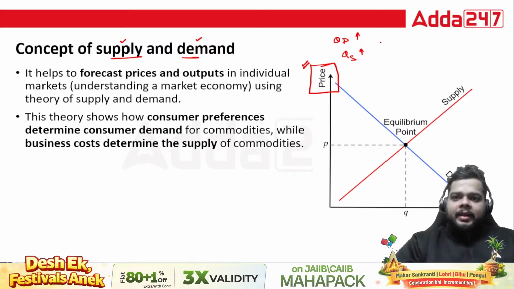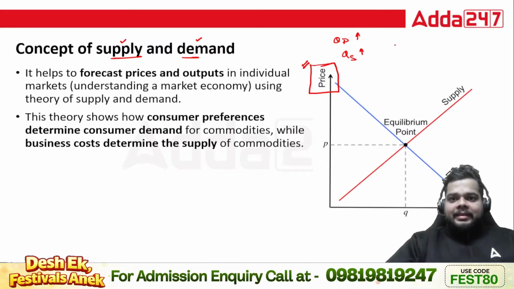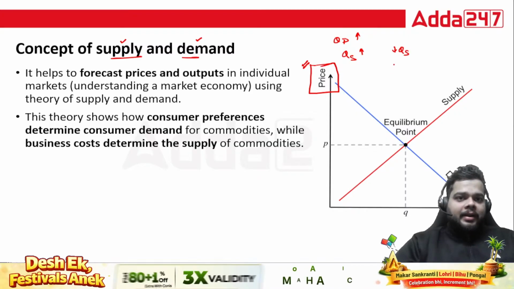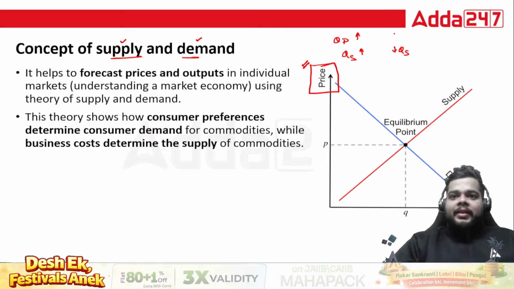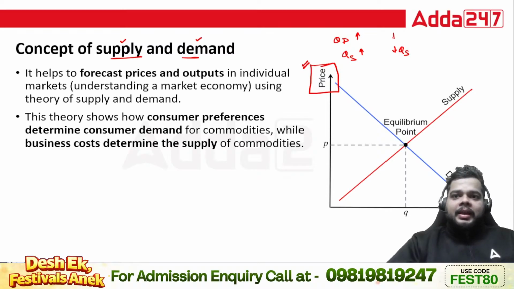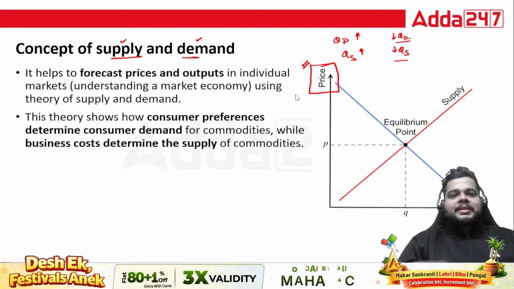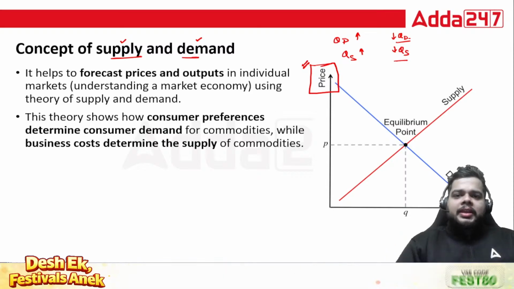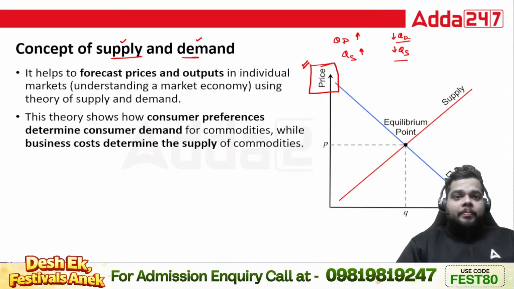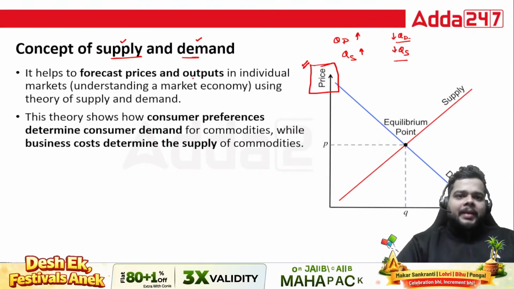On the flip side, whether a decrease in the prices will lead to a decrease in quantity supplied or not, or an increase in the prices will go with decreased demand. So both these aspects of supply and demand, we study using the important market force, that is your price. Simply stated, this concept helps to forecast prices and outputs in individual markets.